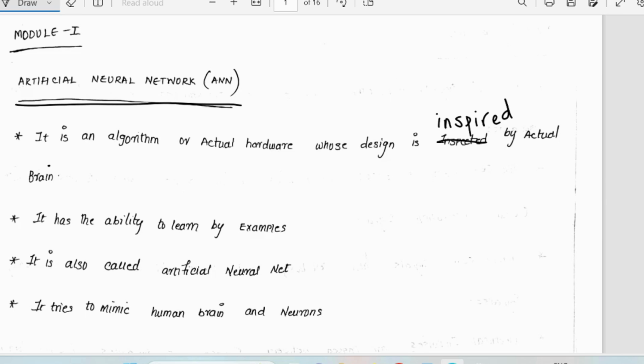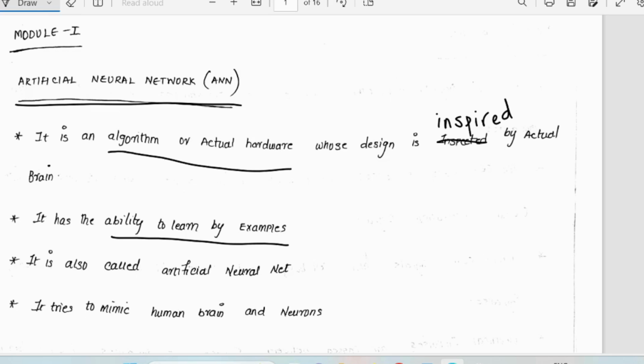Regarding the artificial neural network, it is actually an algorithm or actual hardware whose design is inspired by our actual brain. That is why it is called artificial neural network. Neural network is what we have in our body, so it is inspired by that and it has been made. It's actually an algorithm, so it has the ability to learn by examples. Based upon examples or the inputs fed into it, it will be trained and then it can learn.